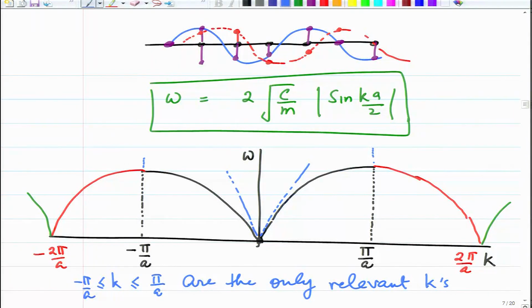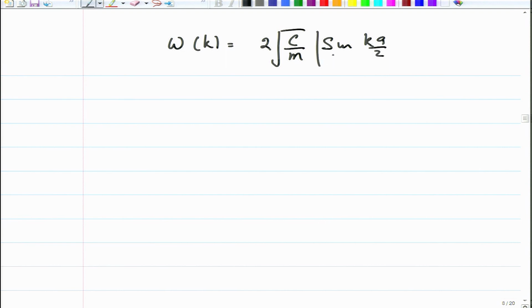Let me justify it further. See, omega does not change, but does it mean anything more? Let me write the formula again: omega of k is equal to 2 square root of C over m, modulus sine of k a by 2.